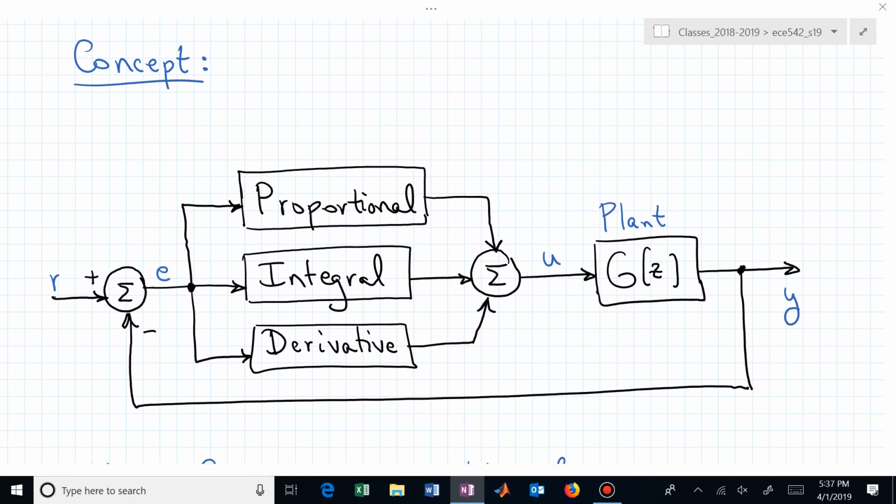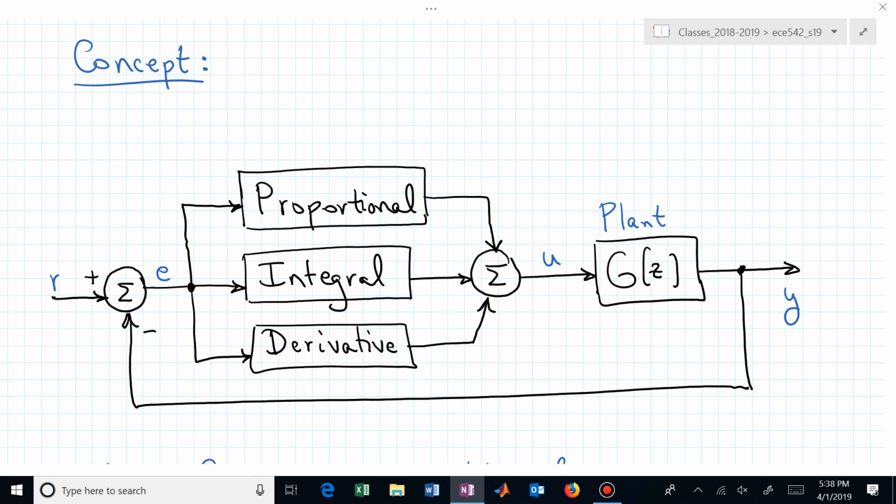We have a proportional piece, an integral piece, and a derivative piece, and all of these pieces play with the error signal, where here we have a unity output feedback. The error signal is just comparing a reference input R to the measured output Y. Comparing just means we're subtracting Y from R. That generates an error.